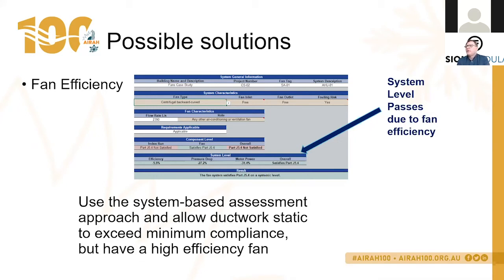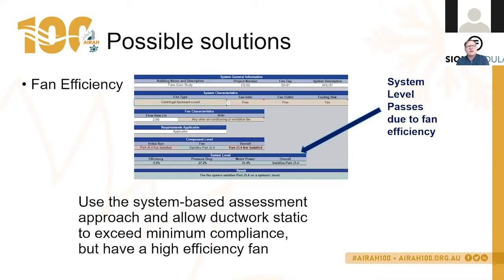and also you can then potentially get a much more efficient fan in the installation, and that may compensate for the higher static pressure that's occurring locally at that point, and you may still be able to achieve compliance on a system-based approach. So you have a watts per litre per second allowance on a systems-based approach.